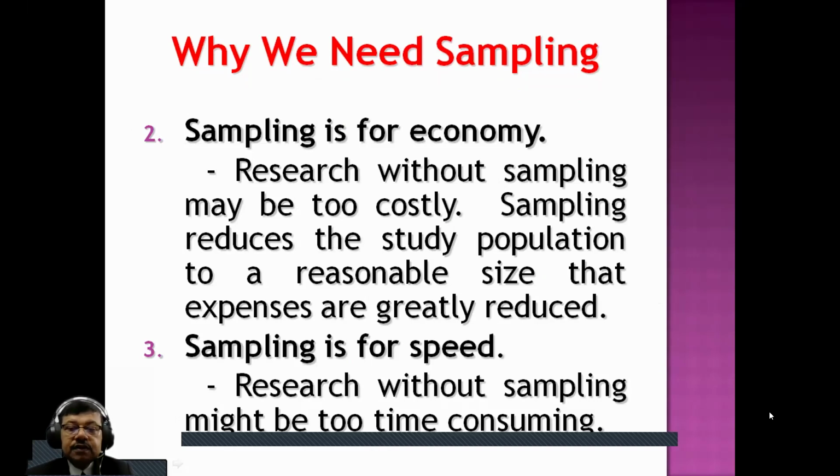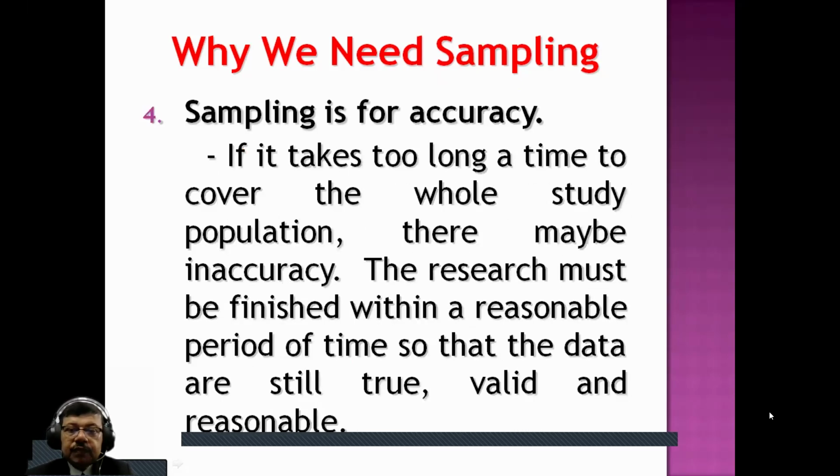So sampling reduces the study population to a reasonable size so that expenses are greatly reduced. And yes, sampling is for speed also. Research without sampling might be too time consuming. If you make it small, then obviously within a smaller time frame, you can complete your work.